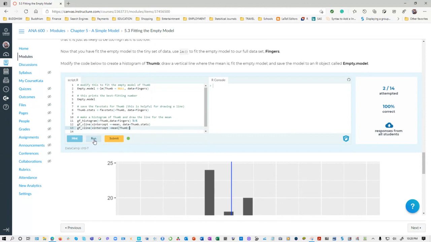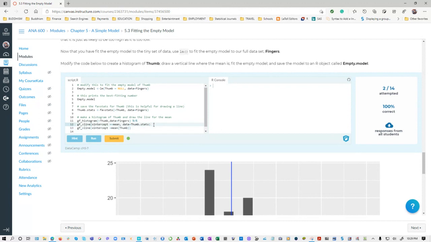Another way: the variable thumb, chained with this one, otherwise you have to recall the data. The thumb stat data is also considered like a data set. That's why I say go to that particular thumb stat data. Thumb stat is like a five-number summary data, and then pick the mean.